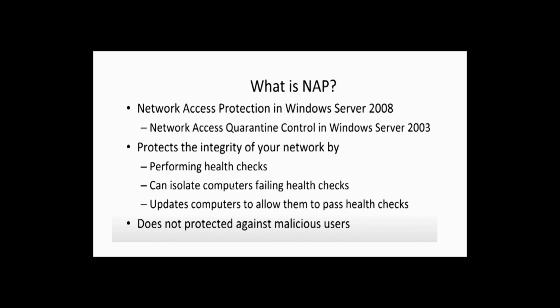As we saw in the last lecture, network access control also has a quarantine network. So in 2003 they used NAC, and as Paul said, there is a slight difference between NAP and NAC. NAC is mainly a very general item in security.